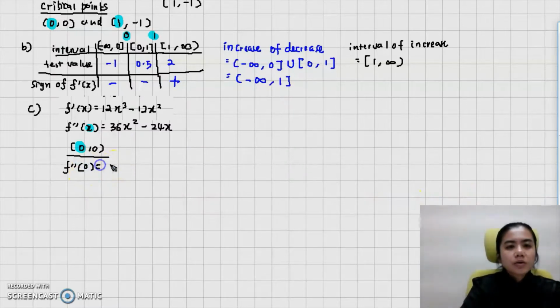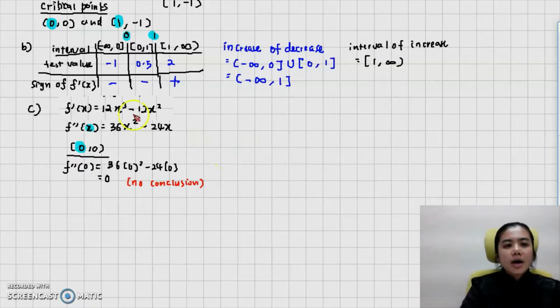Basically the answer is 0. If you refer to the flowchart that has been given to you, it means we have no direct conclusion when f double prime equals 0.